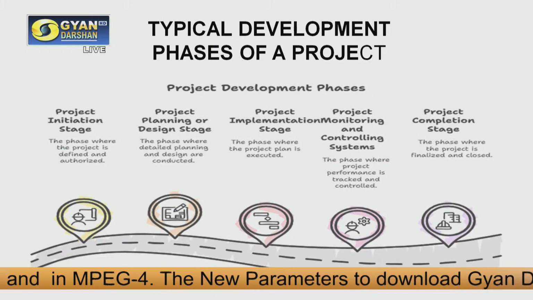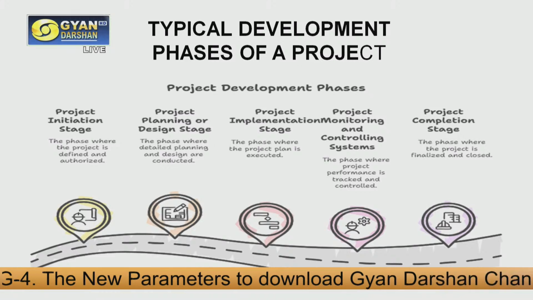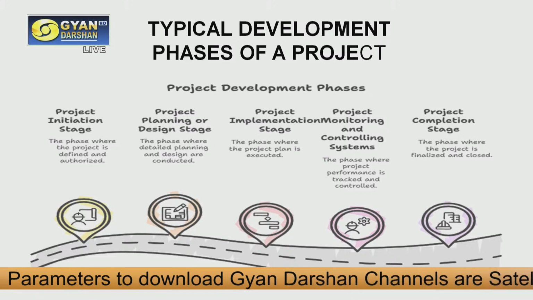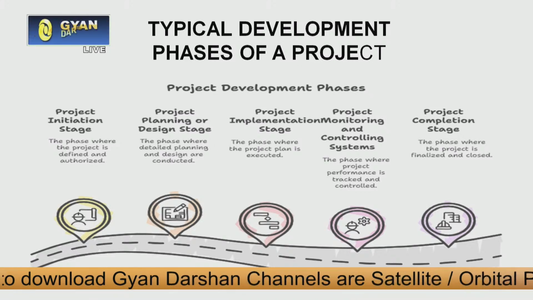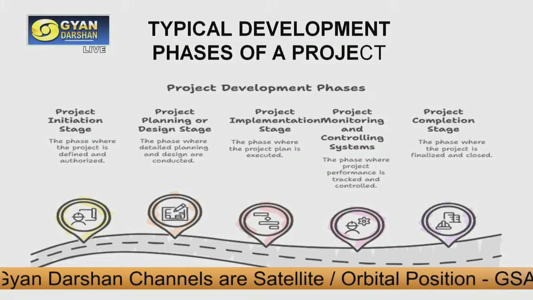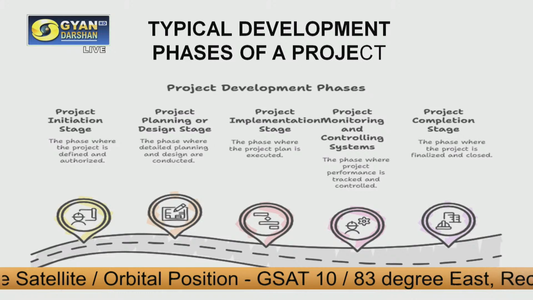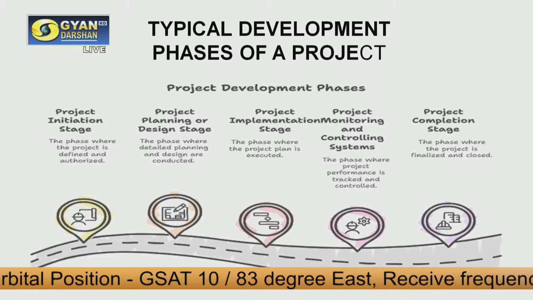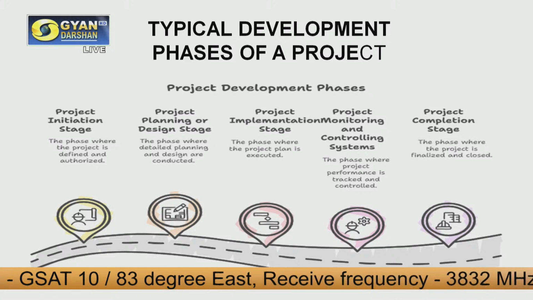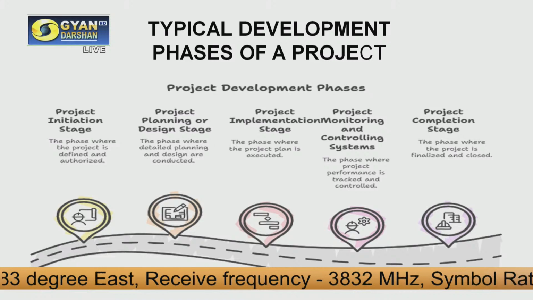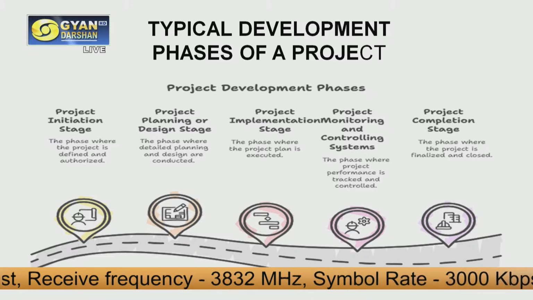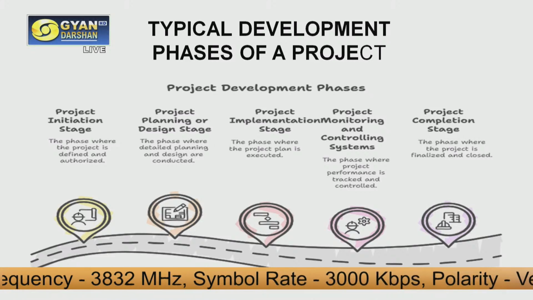Now, there are different phases in project development, and these phases include the initiation stage of the project. Thereafter, we have project planning and the design stage, then the project implementation stage, and we also need to monitor the different stages in order to control the environment, and finally the completion stage is there.